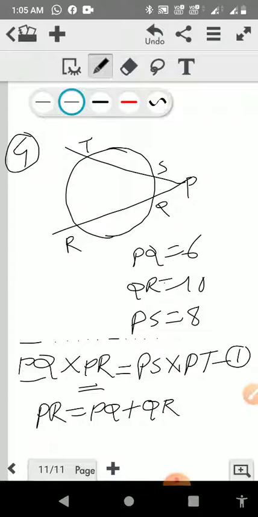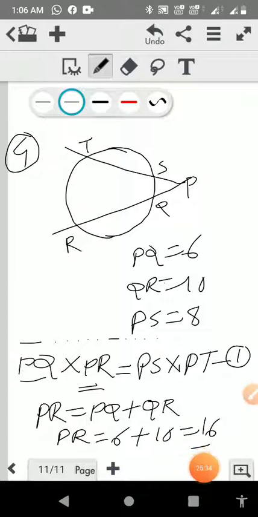Both values are given, PQ is 6 units and QR is 10 units, so I will get it as 16 units. So the value of PR is found to be 16 units.